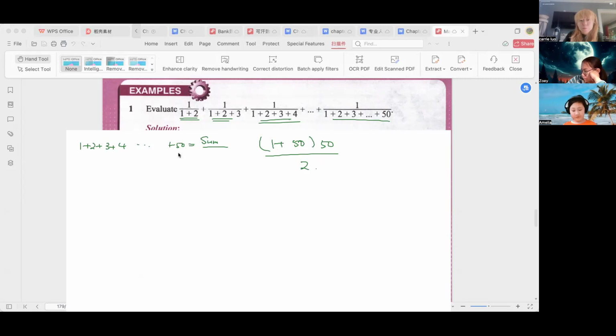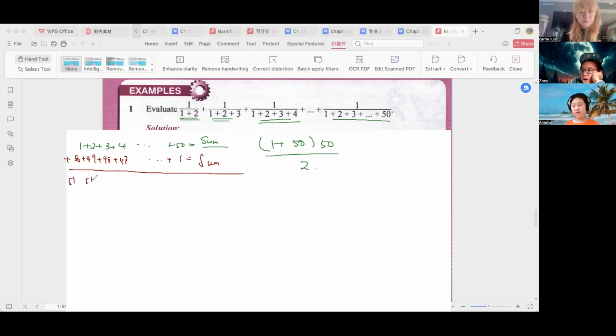So 1 plus all the way to 50 equals the sum. And can we just put them backwards? That also equals the sum, correct? Okay, so I'm going to add them together like that. 1 plus 50 equals 51. 2 plus 49 equals 51. 3 plus 48 equals 51. 4 plus 47 equals 51.